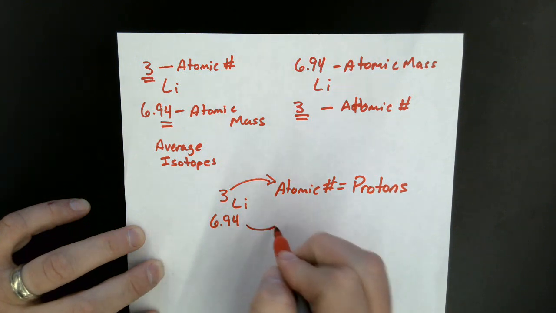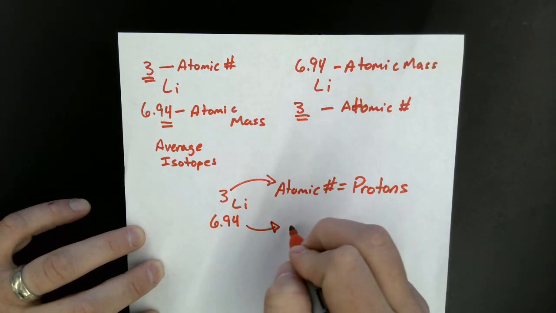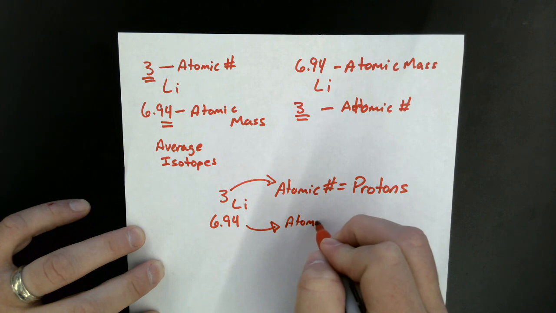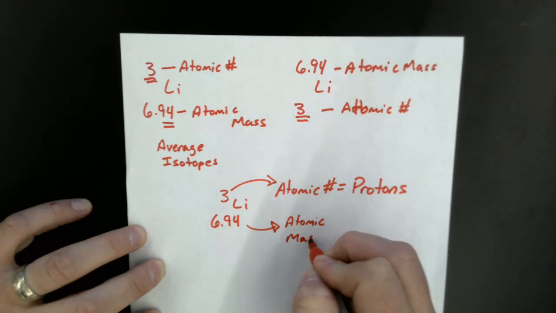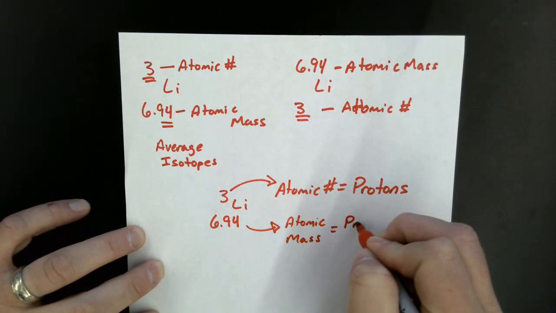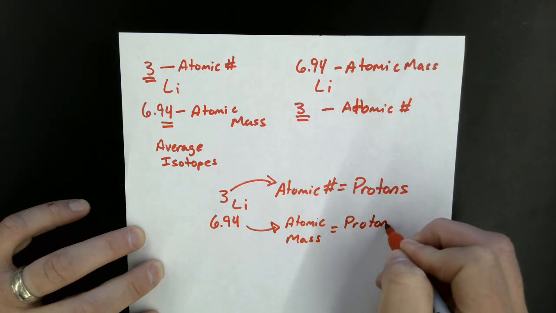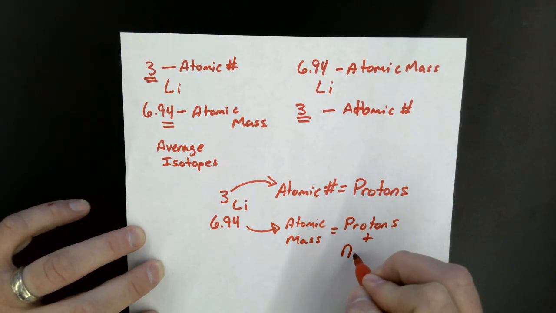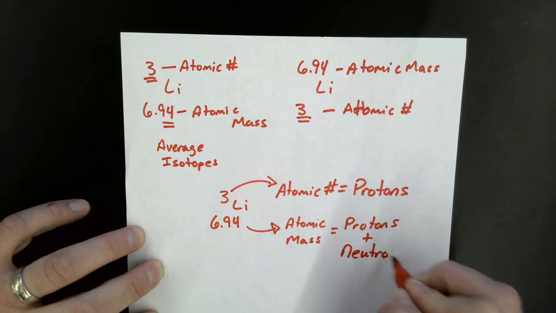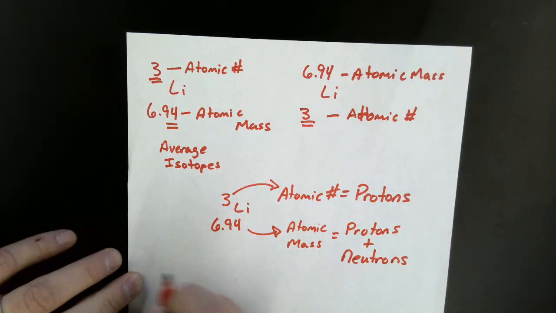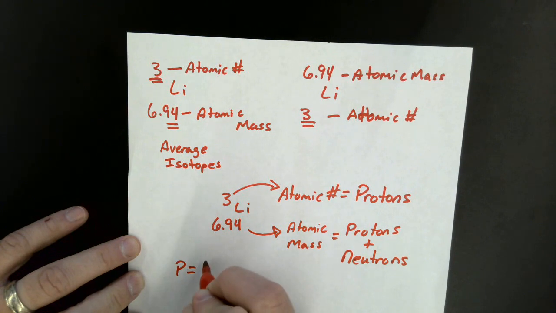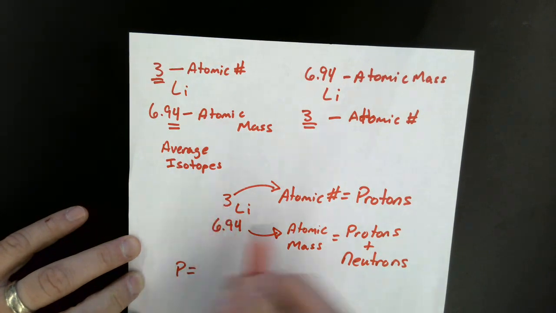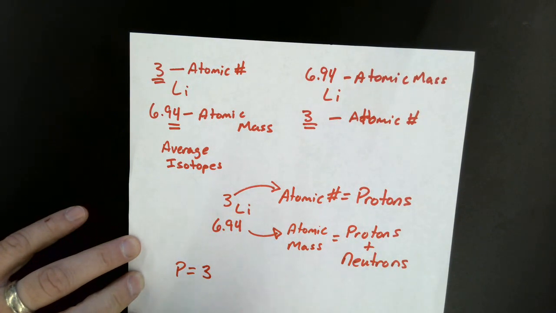The atomic mass, again, is calculating the total number of protons and neutrons. And so the atomic mass is always going to be equal to our atomic number, which is our number of protons, plus, again, the number of our neutrons. How does that help us out? Well, if we were trying to find the number of protons, we're going to just look at our atomic number. We know that we have 3 protons.